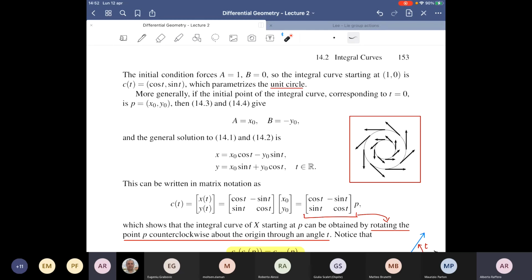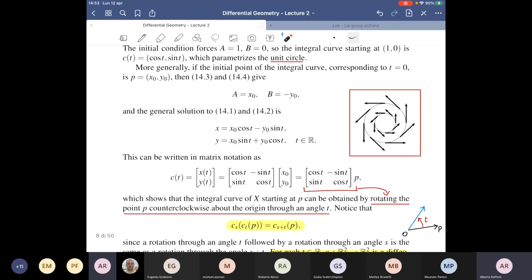In fact, what we have just shown with this discussion is that the integral curve of the vector field we are considering, starting at a point P, can be obtained by rotating the point counterclockwise about the origin through an angle t. So this matrix represents precisely the transformation that rotates your point in the two-dimensional space through an angle t.